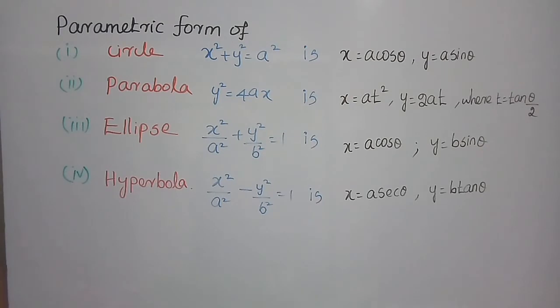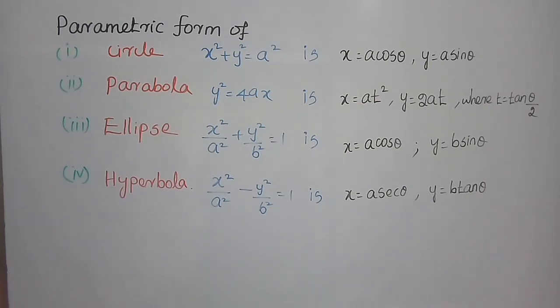And ellipse. The Cartesian form is x square by a square plus y square by b square is equal to 1, and its parametric form is x is equal to a cos theta, y is equal to b sin theta. Hyperbola, the Cartesian form is x square by a square minus y square by b square is equal to 1, and its parametric form is x is equal to a secant theta and y is equal to b tan theta.